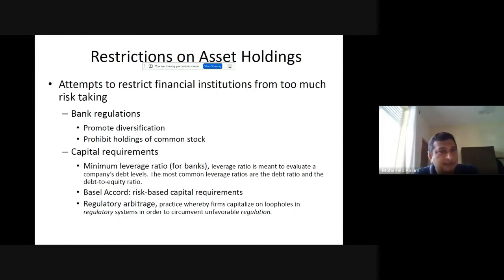So the prohibitions come in the form of limiting your ownership, single ownership limits.